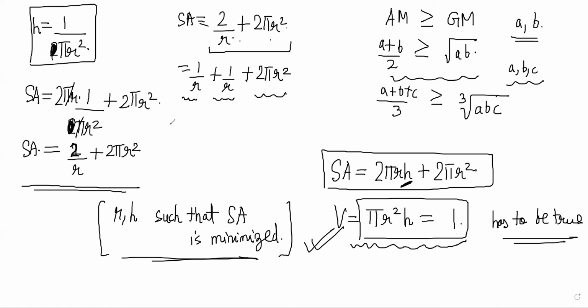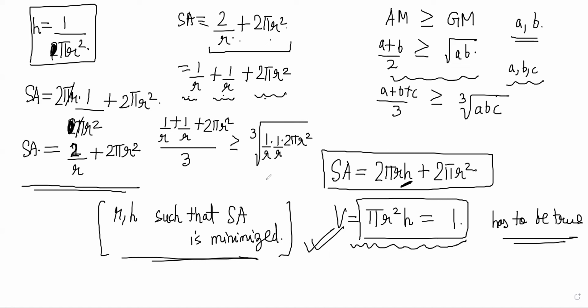So you will say (a plus b plus c) by 3. So (1 by r plus 1 by r plus 2 pi r square) by 3 is greater than or equal to the cube root of 1 by r times 1 by r times 2 pi r square, by the AM-GM inequality.